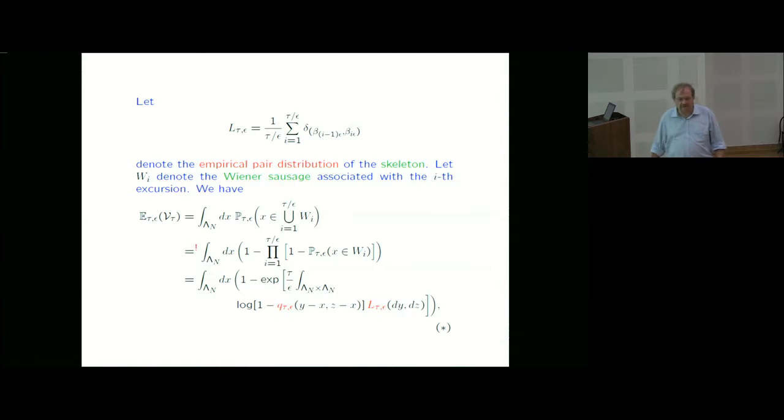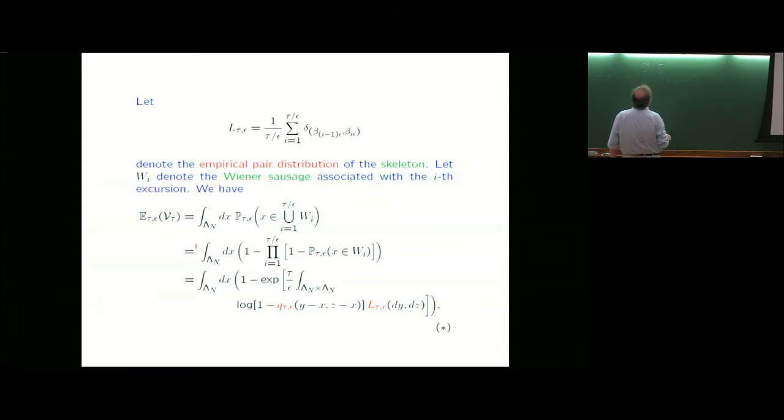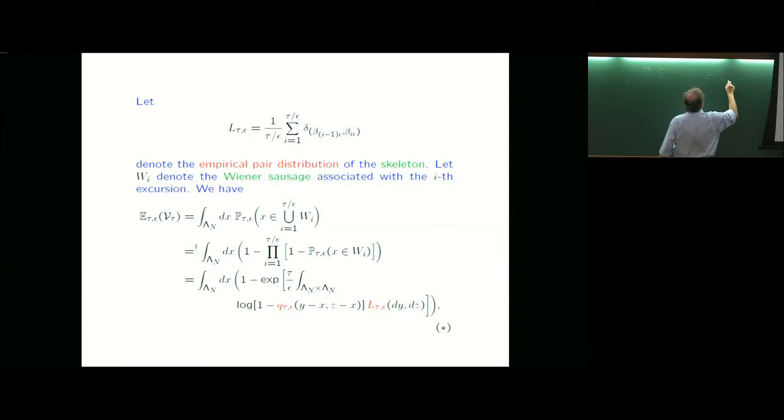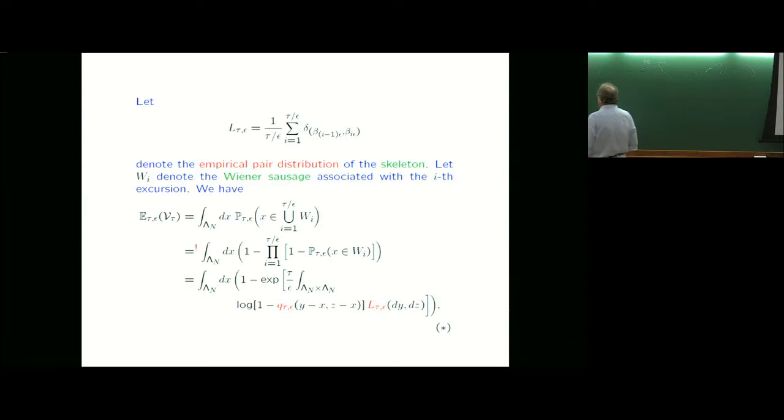So maybe I should write that down here because it's an important object. This will be an element of the probability distributions on lambda n cross lambda n.